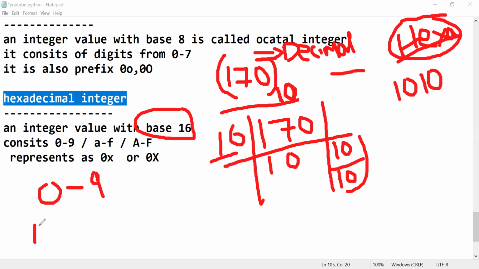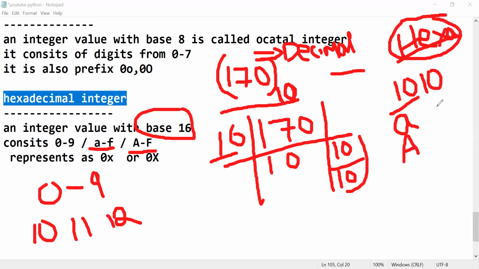If we get 10, 11, 12, we have to represent them from small a to small f or capital A to capital F. So here we got 10, which we represent as small a or capital A. Here also we got 10, which we represent as small a or capital A.